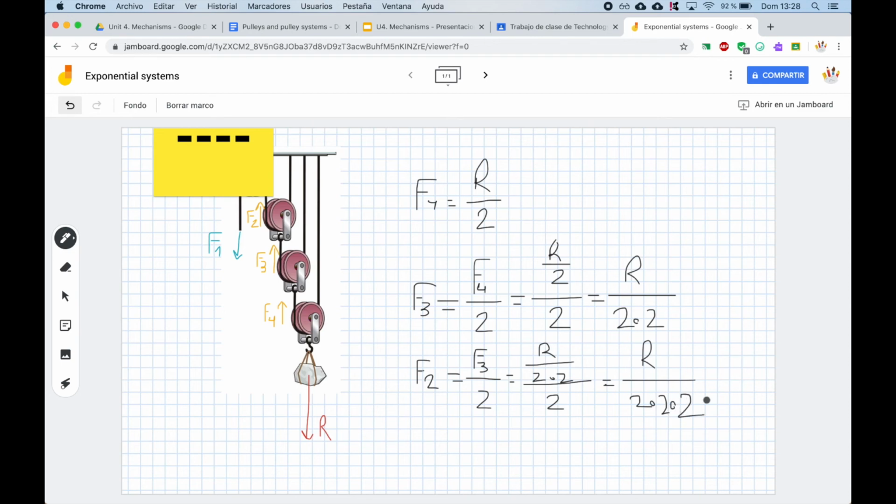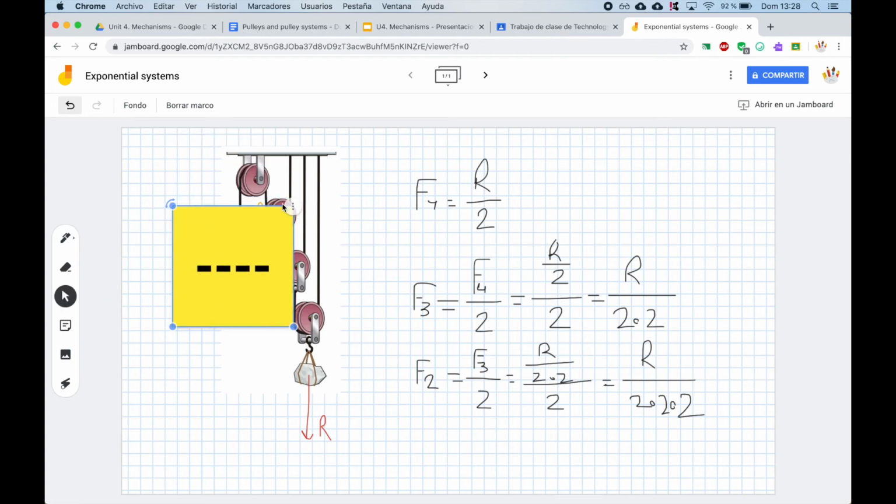I'm sorry for the dots and my writing. It's a bit more difficult than writing on the whiteboard in class.